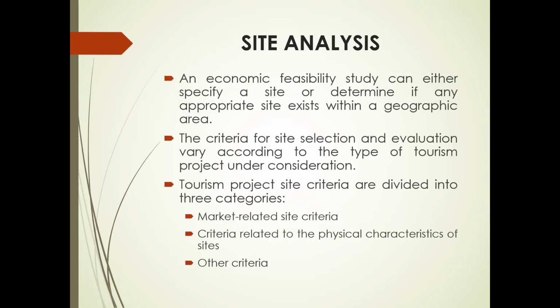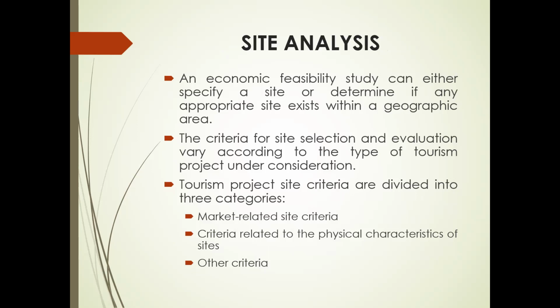So a large proportion of tourism-related projects require physical site location, and economic feasibility study can either specify a site or determine if any appropriate site exists within a geographic area.